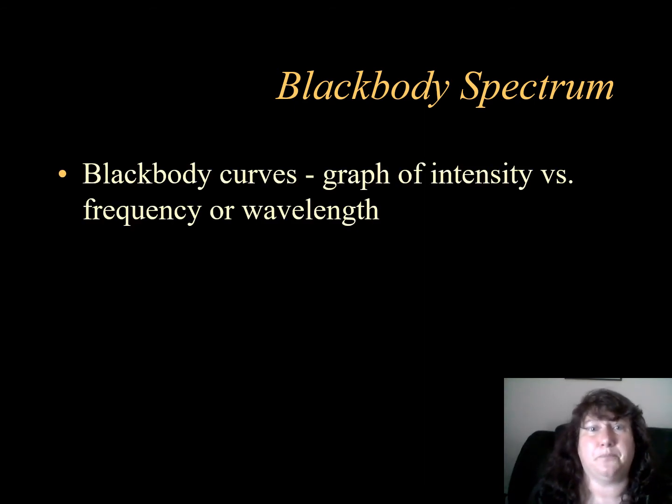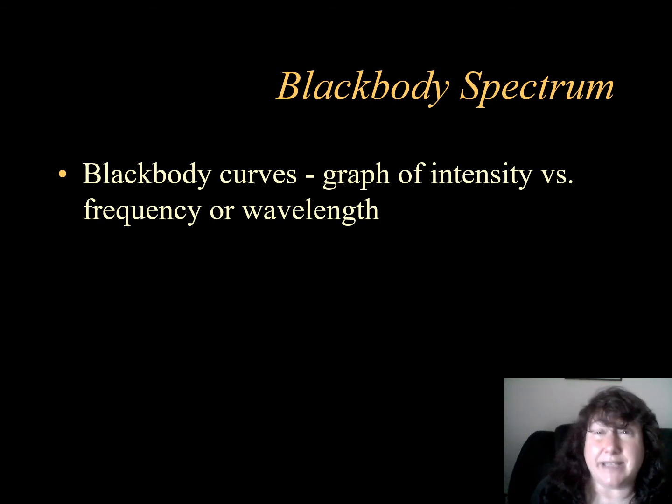Now, the black body spectrum tells us the temperature of the star. Remember when we went over the spectral classes, the OBAFGKM, oh be a fine guy or girl, kiss me. That comes from this black body spectrum. We're going to use the black body curve in order to tell us the temperature of things.